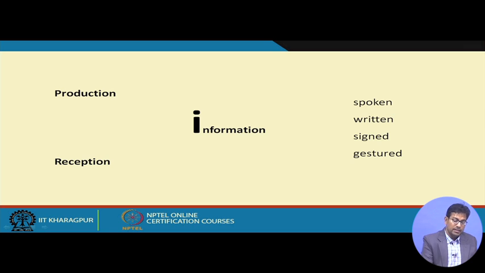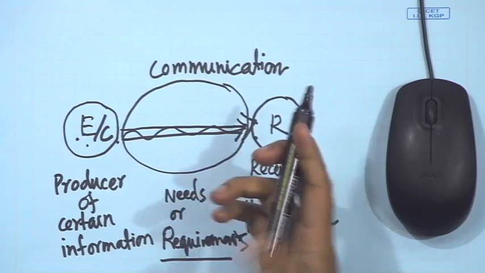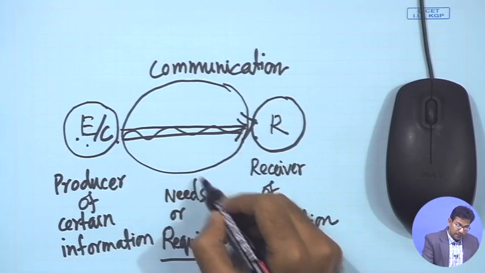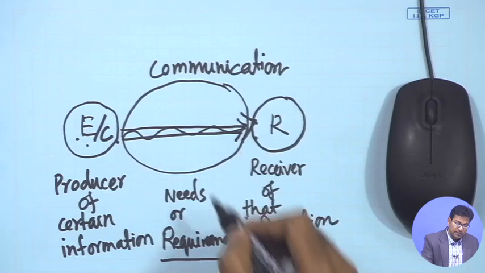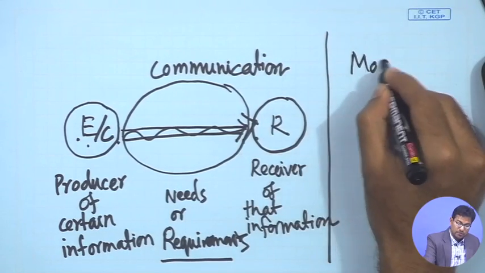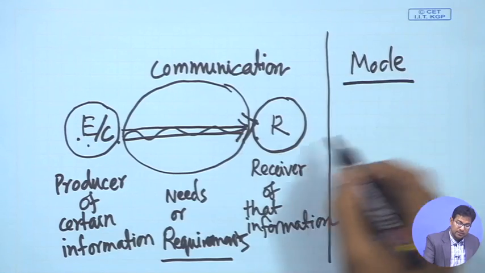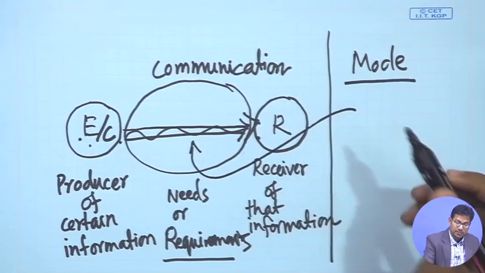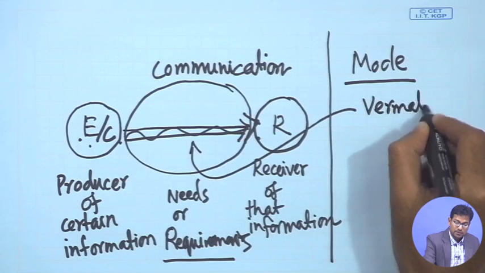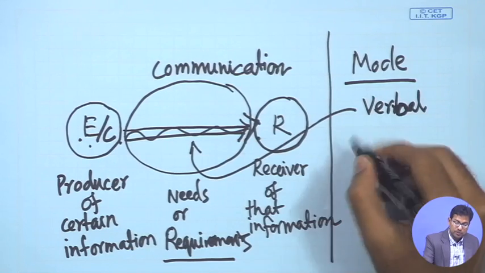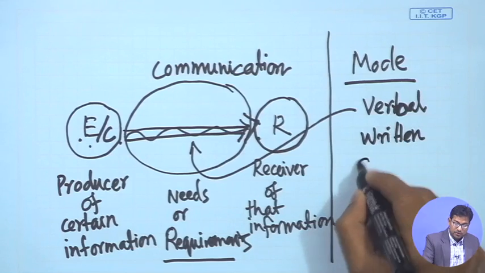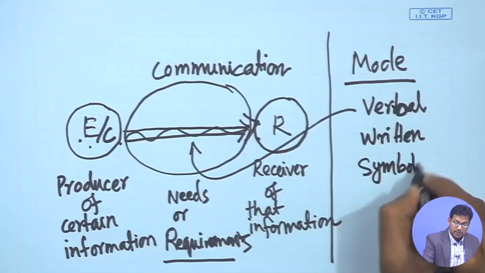If we look again at this particular diagram, the needs or requirements determine which mode is chosen. So based on this, a different mode of communication comes into the picture. It could be a verbal mode, or it could be written, or there could be symbols being used.